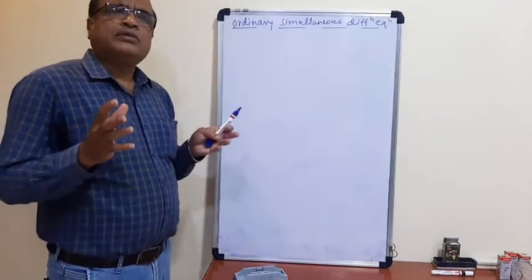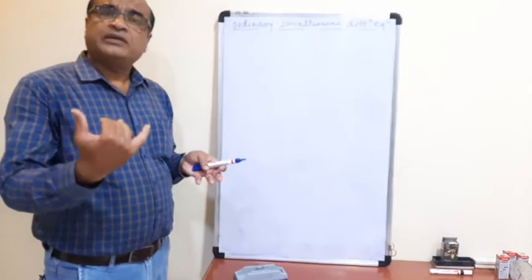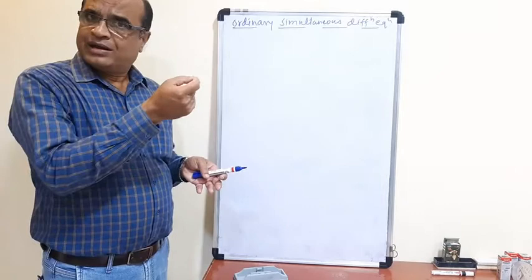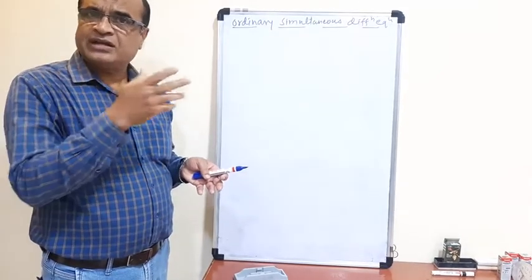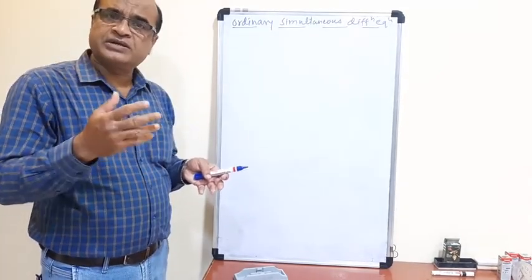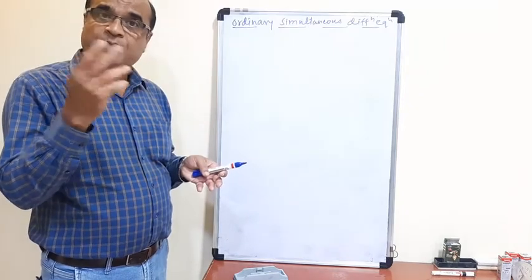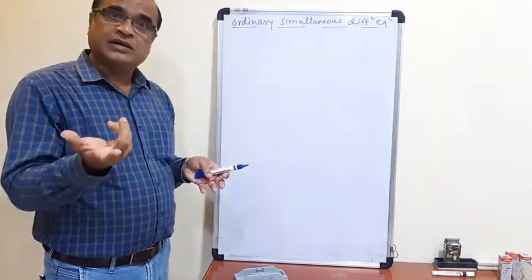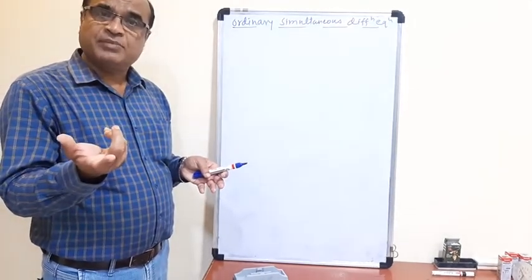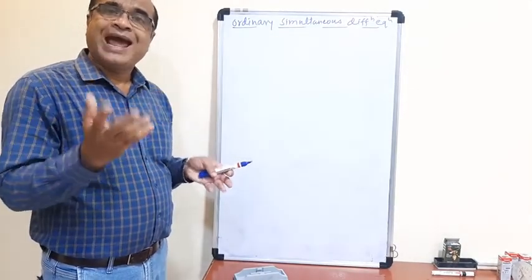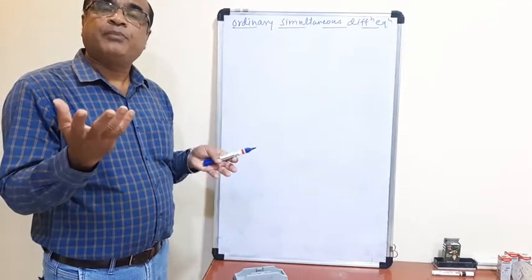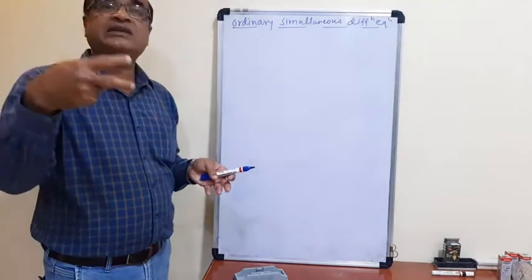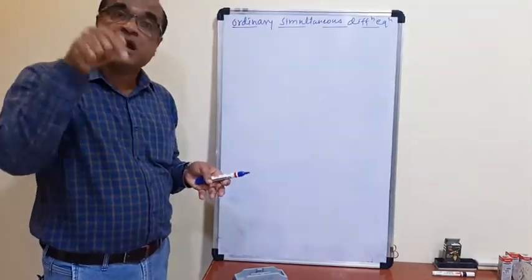And how do we obtain the ordinary simultaneous differential equation? We take a simple first degree differential equation, p1 dx + q1 dy + r1 dz = 0, and we take another simple first order, first degree differential equation, p2 dx + q2 dy + r2 dz = 0, and we solve both equations simultaneously.